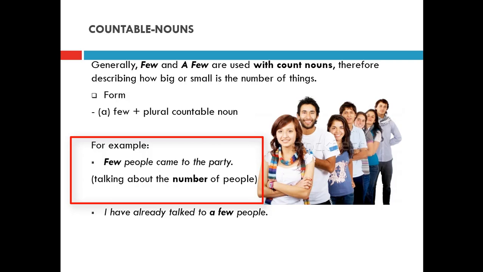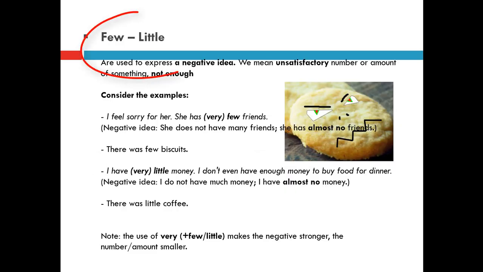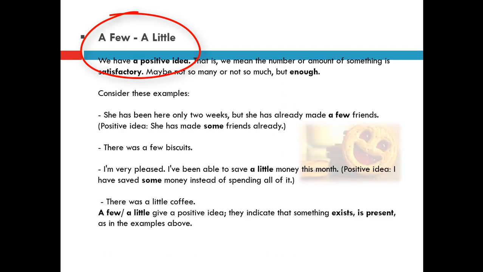The party is not quiet because of people coming there. So few is more negative and a few is more positive in the sense of number. Few goes with countable nouns and little goes with uncountable nouns. They are more negative. This one, a few and a little, they bring about a more positive meaning.